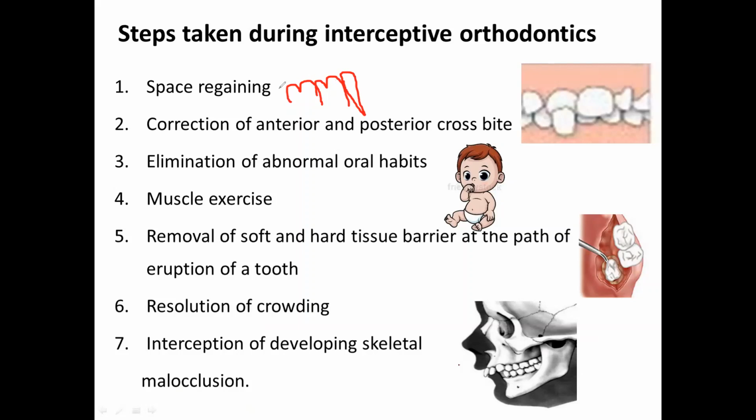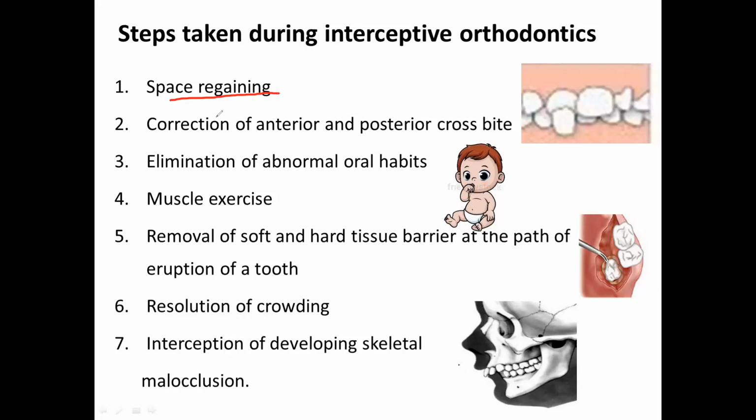So for any treatment, first of all, we need to create a space to treat the tooth which has lost its anatomy. So the first step in interceptive orthodontics is to gain the space. The space can be gained in different ways. We'll be discussing this in detail.